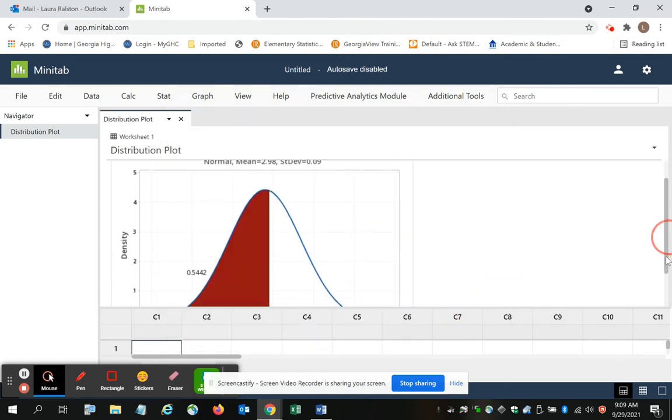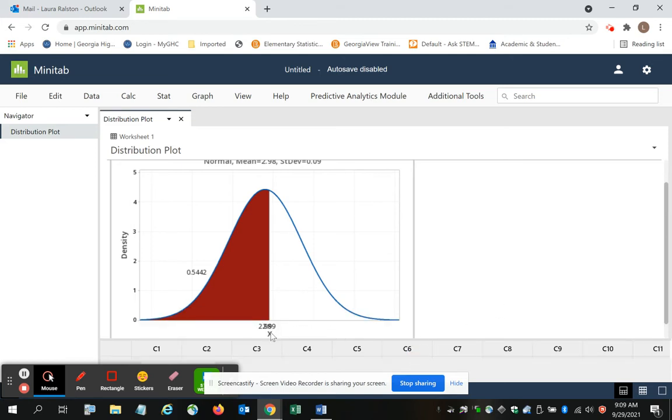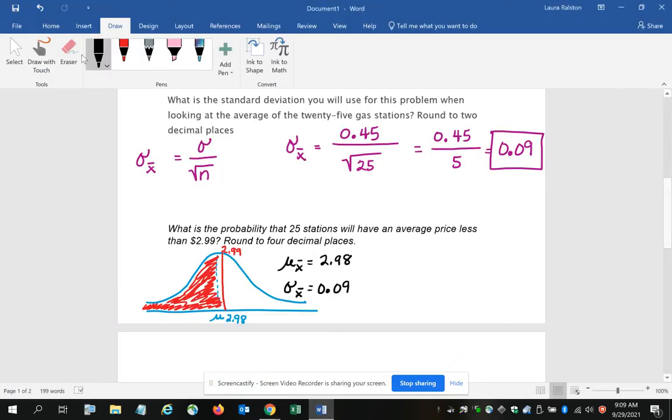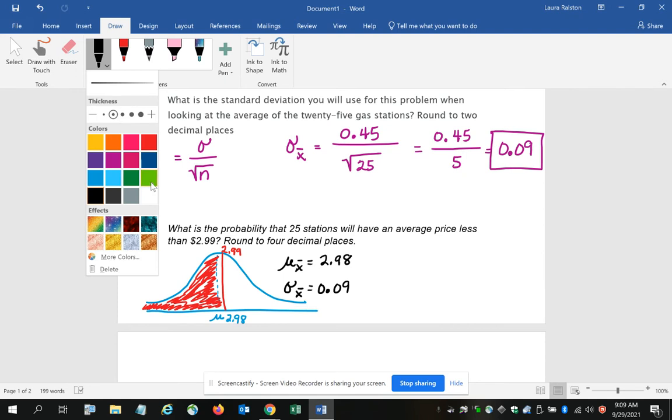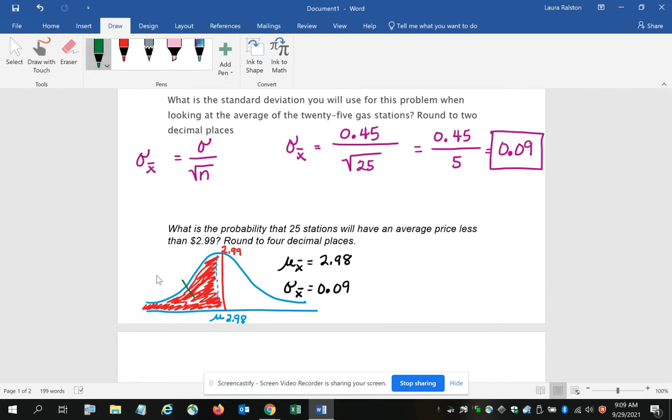So then when I look at this plot, my numbers are kind of jumbled here on the number line, but I can see my red shaded region, and it is 0.5442. So according to Minitab, this red shaded region that I drew in by hand is 0.5442.